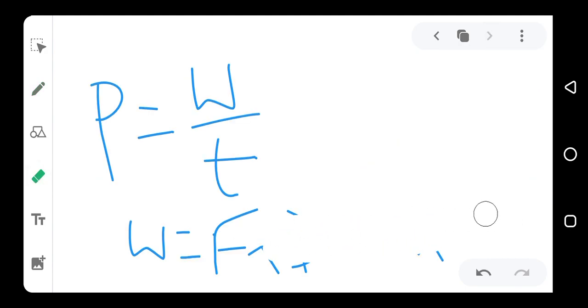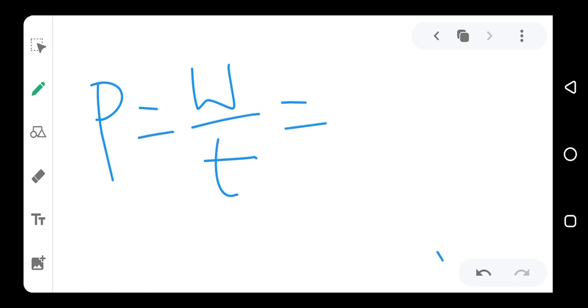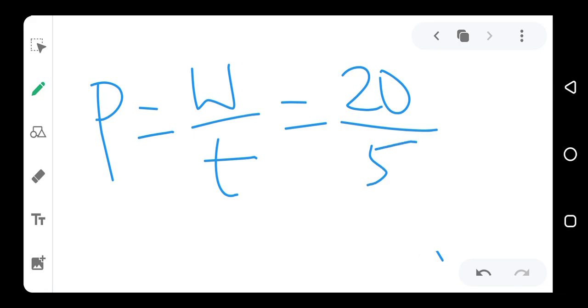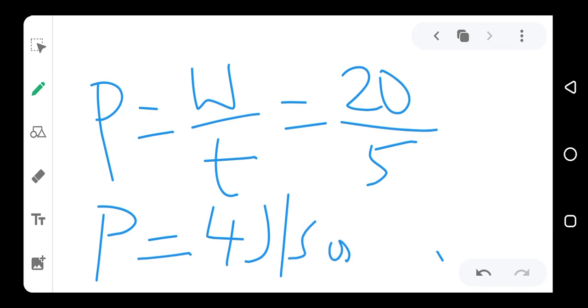So power is equal to work over time, which is 20 over the time, 5 seconds. 20 over 5 is 4 joule per second, or 4 watts.